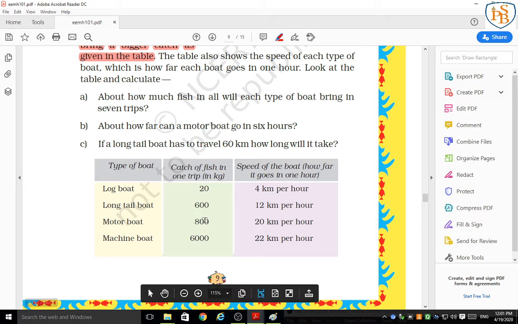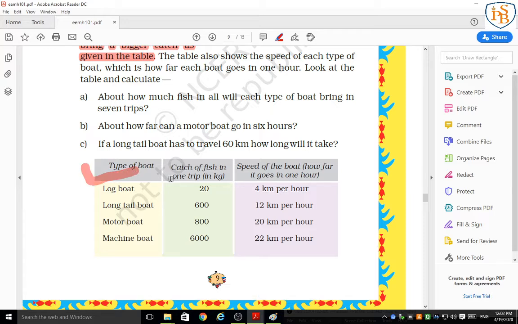Below that we have a table, and in that table they explain all the types of boat, with how much each catches. Then in the next column they explain the speed.